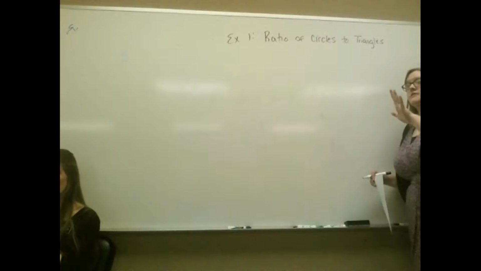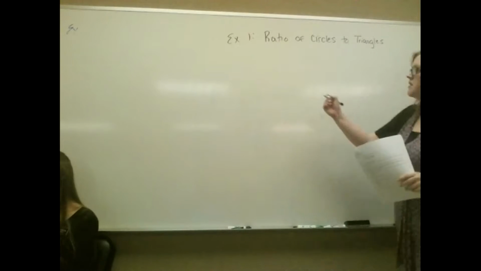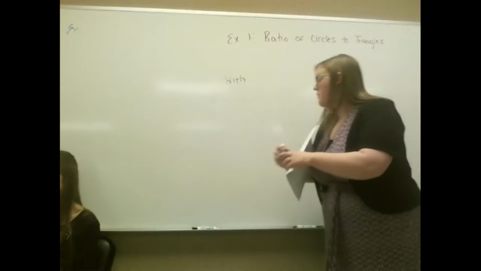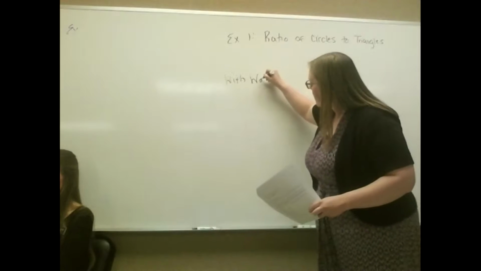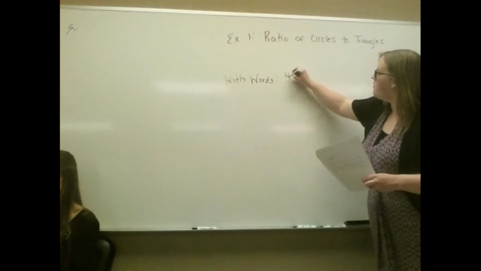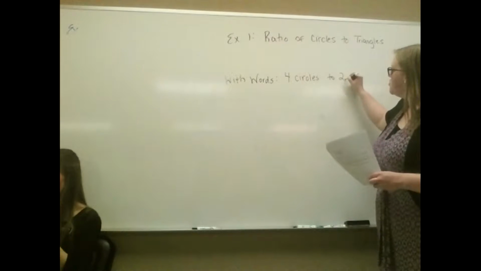So since this says circles to triangles, we want to list the number of circles first and then the number of triangles second. So with words, I'm having a hard time finding a good marker I like. Oh, that's better. Okay, with words, we have 4 circles to 2 triangles.